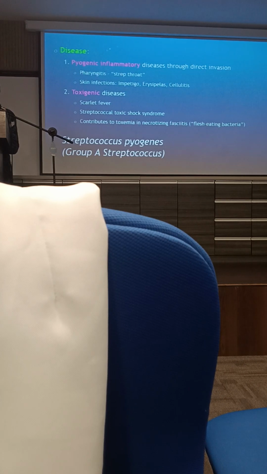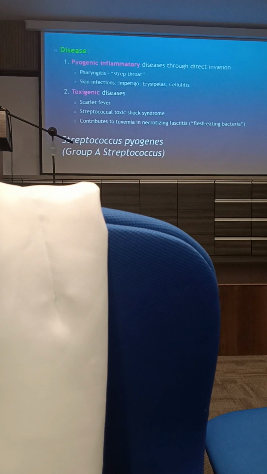So the diseases are again pyogenic, fast forming, inflammatory and toxigenic. For the pyogenic one, if you think of sore throat, what commonly causes sore throat, virus or bacteria? Virus can commonly, but if it's caused by a bacteria, it is strep. You call it strep throat. Then other skin infections: impetigo, erysipelas, cellulitis.